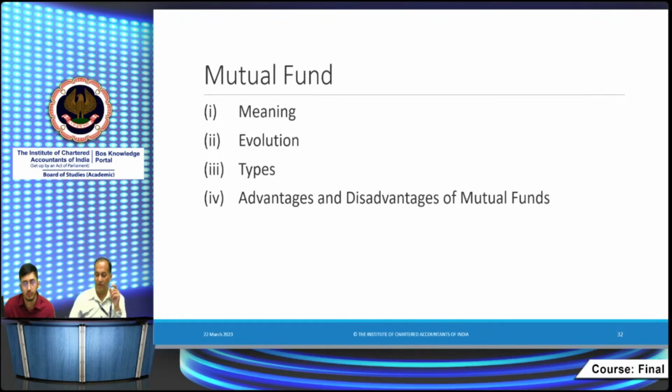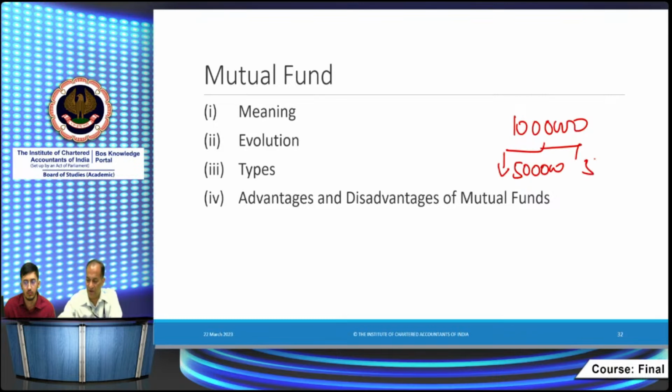Suppose a mutual fund has a fund of 10 lakhs, invested in different securities, say two securities with 5 lakh in each. Now, with the market change, the value of the securities changes. I am just giving an example. Say there are 10,000 units.